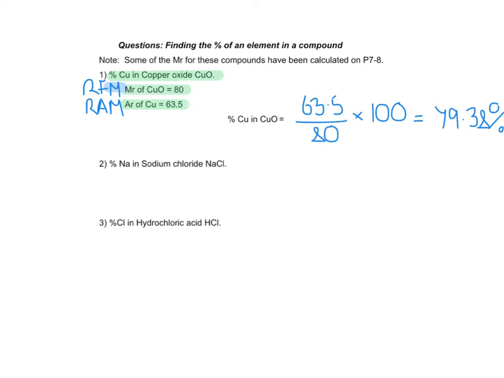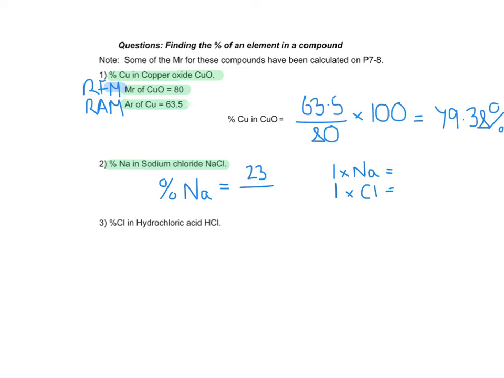Now, sodium chloride then in number 2, we've got to do a little bit more working out. So the percentage of sodium in sodium chloride. Now I'm going to the periodic table and finding sodium's top number. And that's what goes on the top line. So sodium's top number, its relative atomic mass is 23. I've got a little bit of working out to do for sodium chloride. So in sodium chloride, there is 1 sodium, there is 1 chlorine.